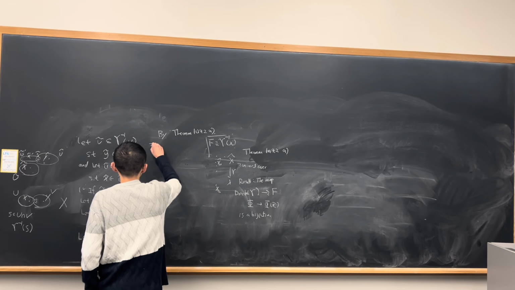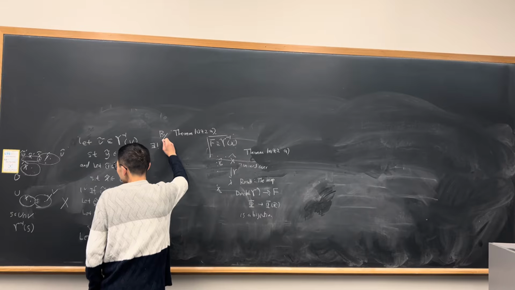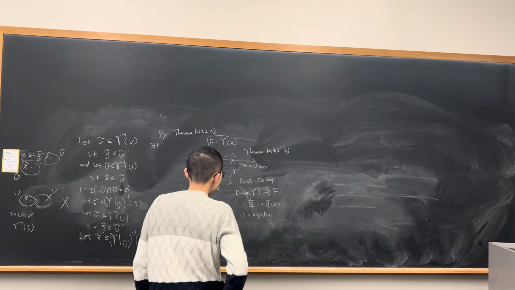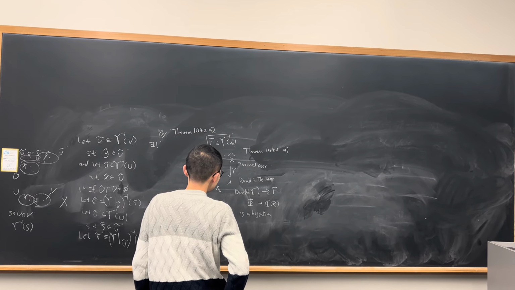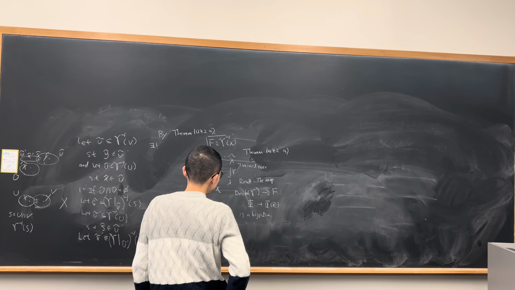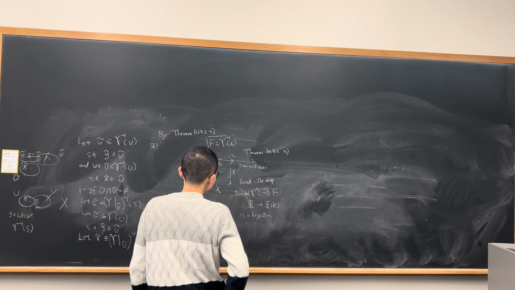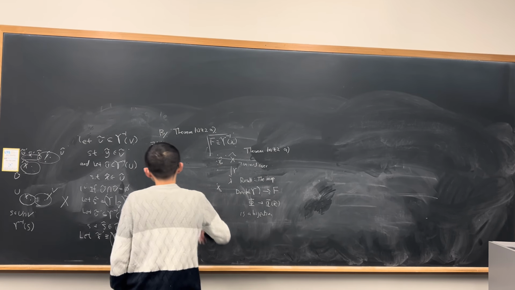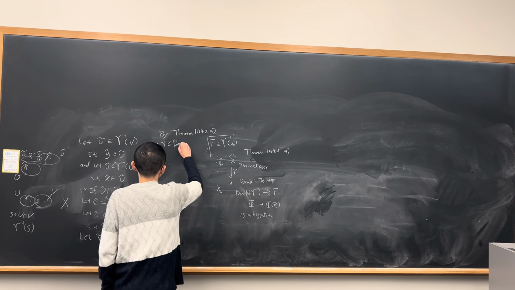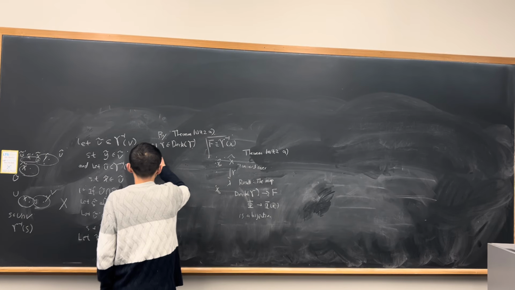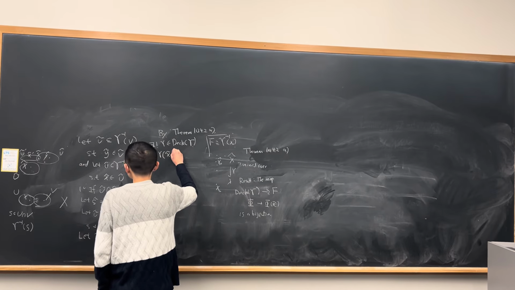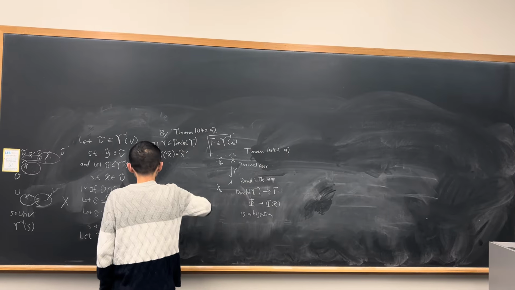there is a unique, let's say, small gamma in the deck transformation group such that this small gamma of x tilde is equal to x tilde prime.